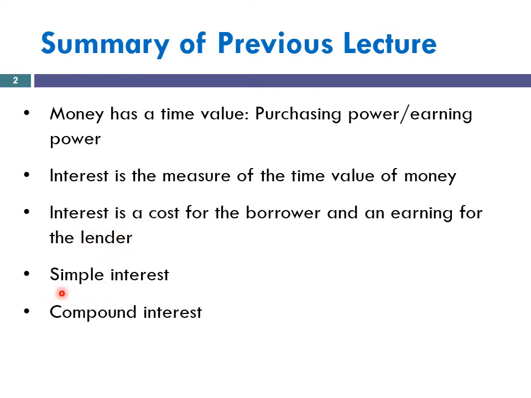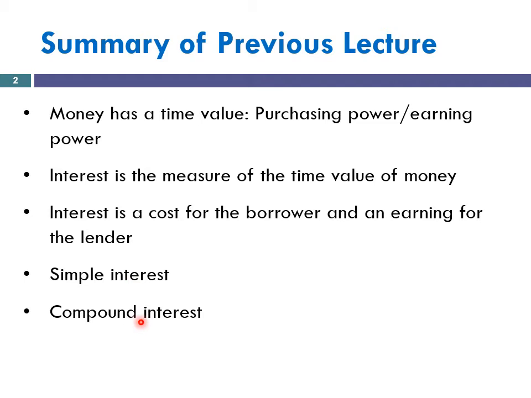We also learned the concepts of simple and compound interest rates. Simple interest is used only in very restricted situations, and the idea behind it is that you earn interest only on the principal amount. If you lend or borrow $100 for 3 years, each year the amount of interest that you will earn or need to pay will be equal to the original amount, 100, times the interest rate.